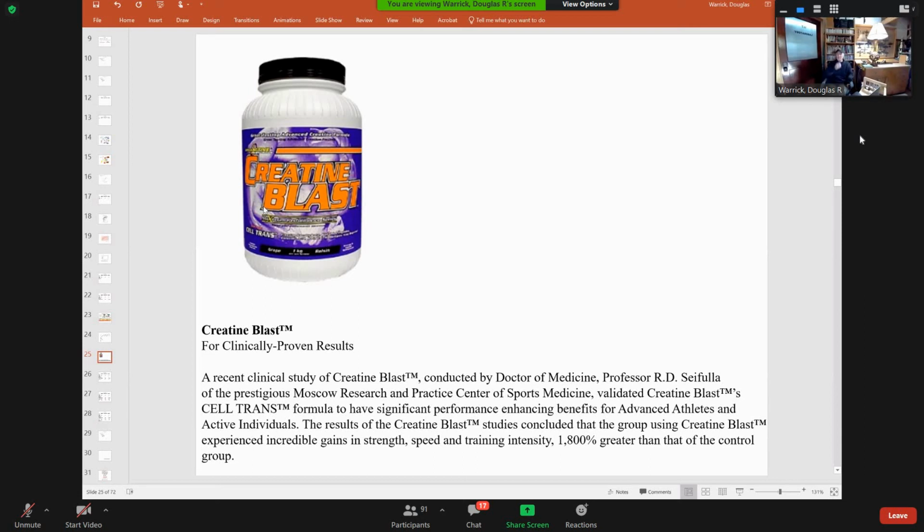So my bench press is 150, and suddenly I'm doing a 3,000 pound bench. I'm an Avenger. I've got a shot with Black Widow. I mean, this is Captain Marvel, or Thor, depending on your preference. 1,800%. Well, greater than the control group. For all we know, that was a bunch of 80-year-old nuns.